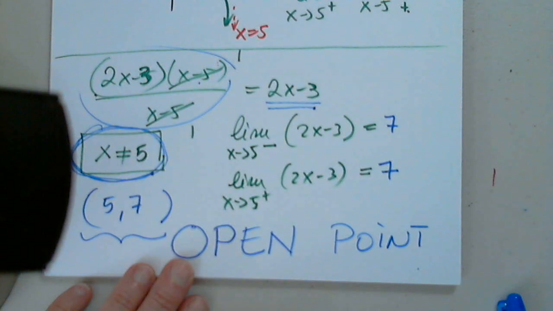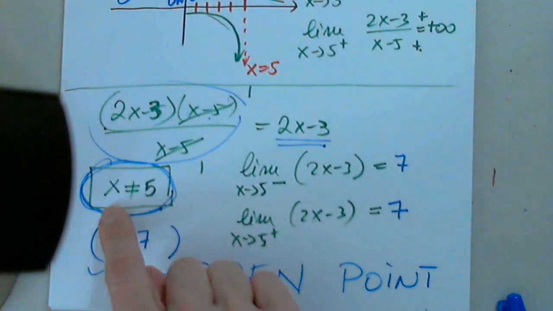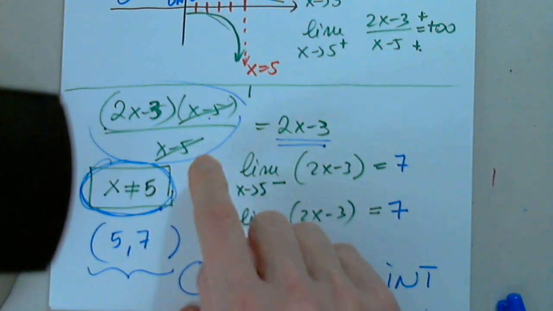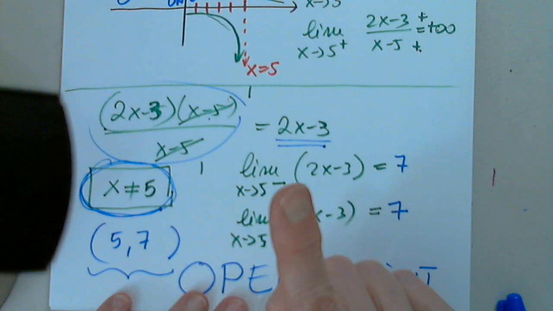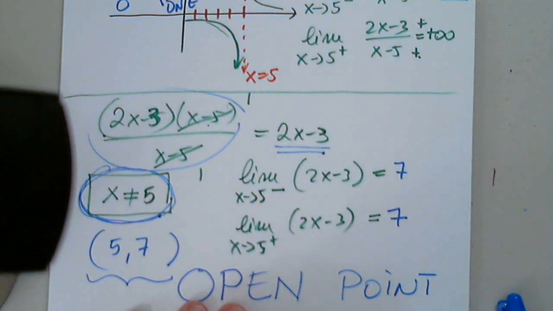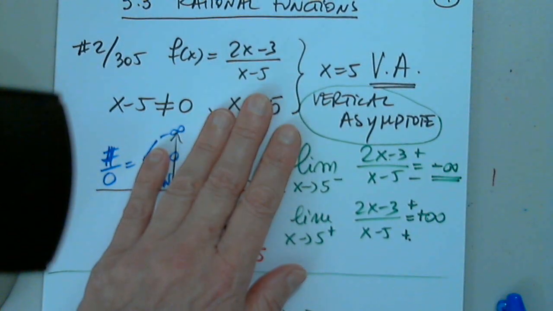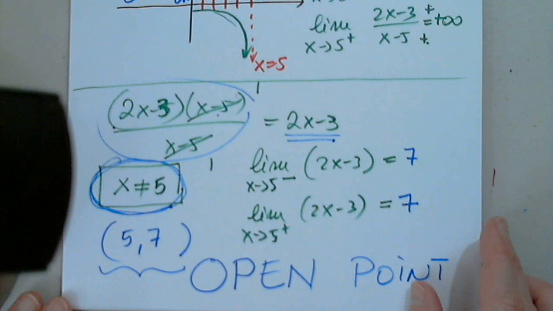So that's why I showed you a situation in which you cannot conclude that because x cannot be 5, automatically that's a vertical asymptote. Only if you cannot simplify a factor of x minus 5 with a factor of x minus 5, which we did not have here. Okay, yeah, makes sense. Better?